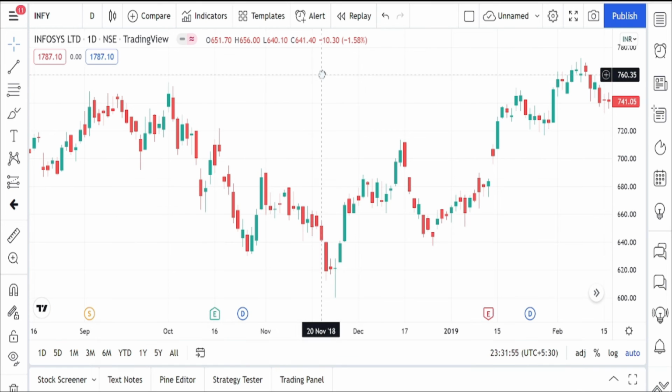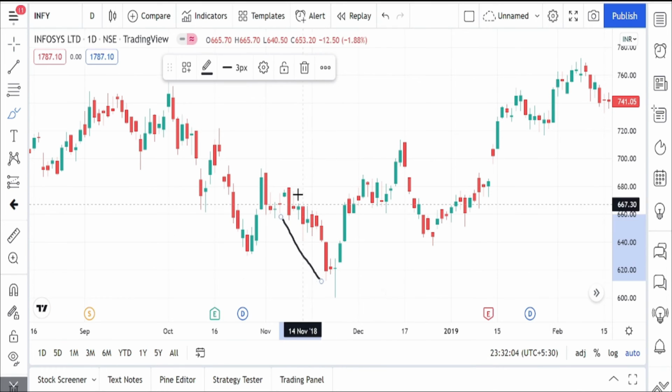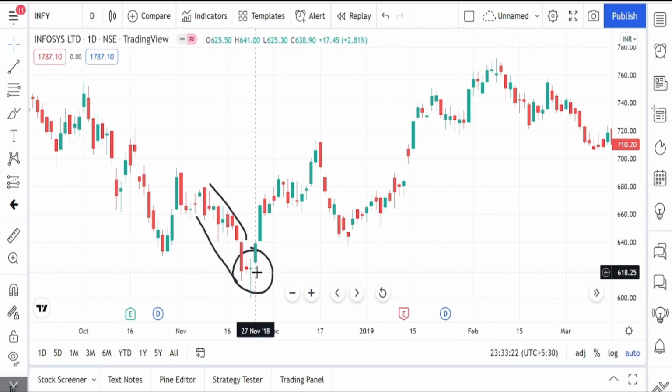Here we can see, friends, the previous trend is a downtrend, correct? At this price point there is a candle which is a hammer candle. It has a long lower shadow and a small real body at the top of the candle, right?